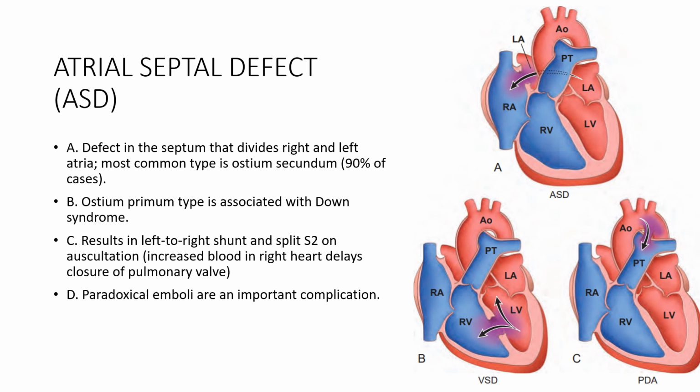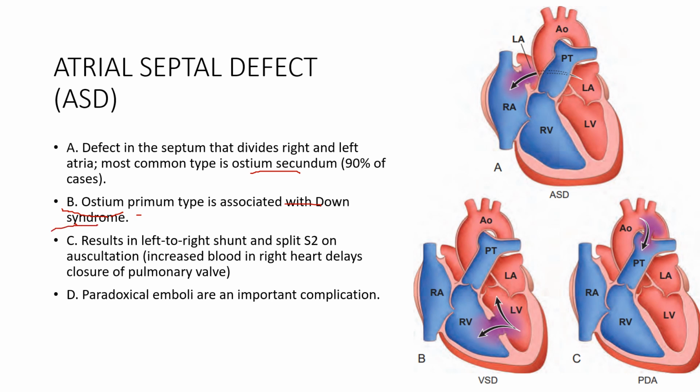We have two types of septal defects: ostium primum and ostium secundum. The most common type is the ostium secundum. And the ostium primum is associated with Down syndrome. So this is also very high yield.